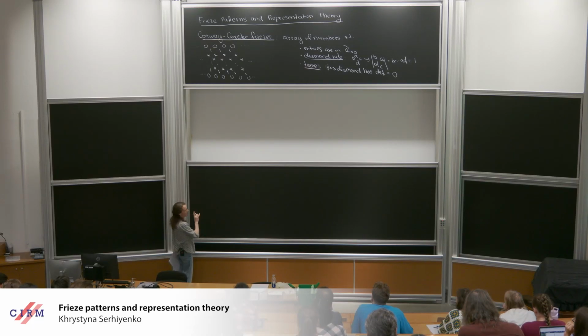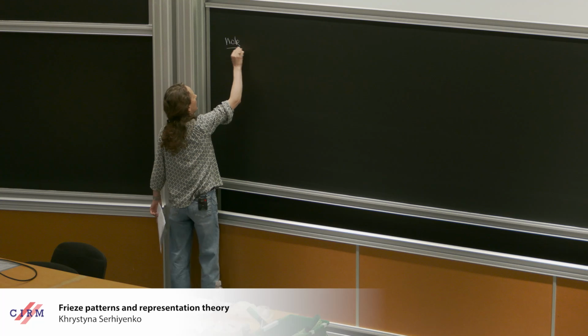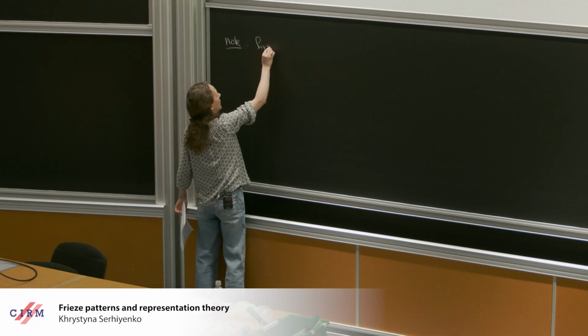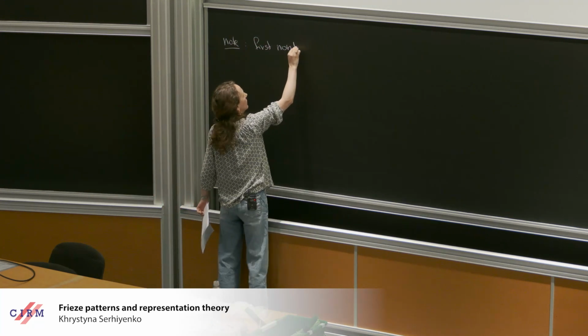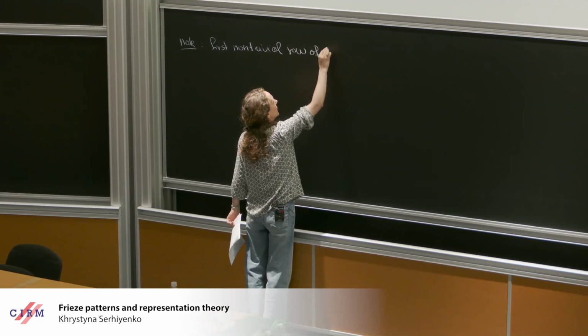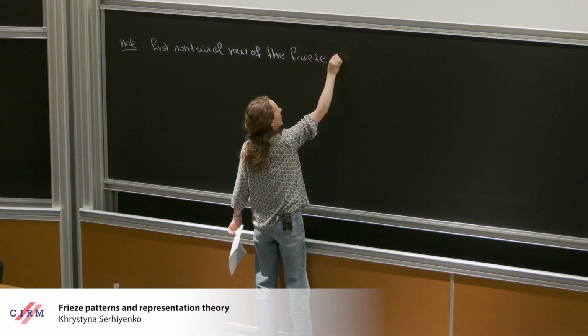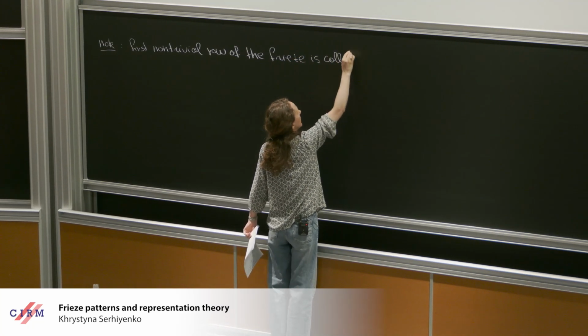Right, okay, so the first thing, before I state the result, is that the first non-trivial row of the frieze is called the quiddity sequence.